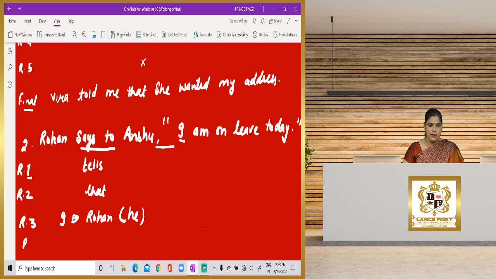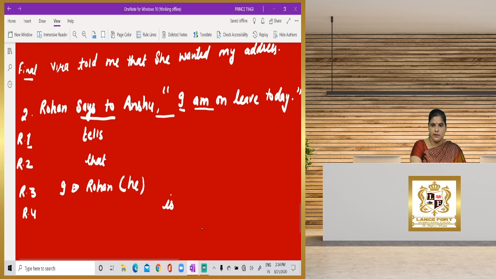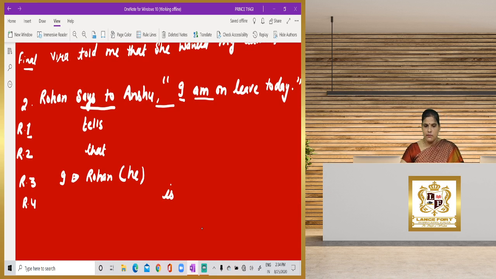And now rule number 4, tense. Okay, so this is the present tense, and as I told you, if your reported verb is says, the tense will not change. So in place of am we will use is. And last is a specific place or time, so rule number 5, today will change into that day.